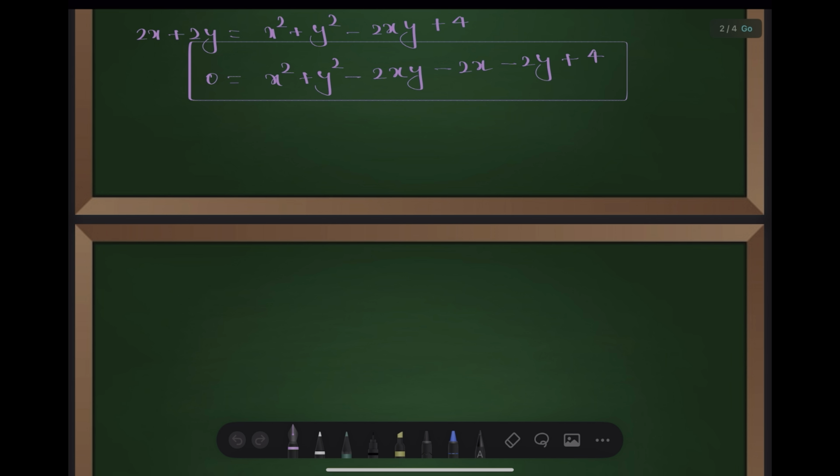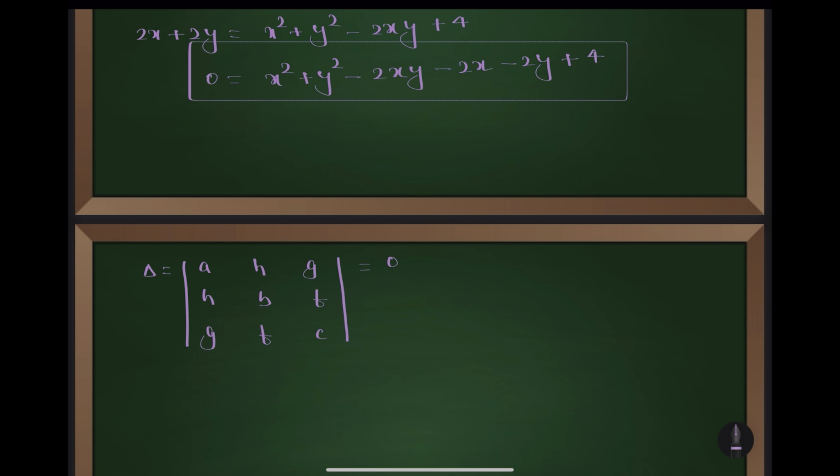Okay, so for a straight line you know that delta should be 0. It looks like the determinant with a, b, c, f, g, h. If the determinant of this comes out to be 0, then it is a pair of straight lines.